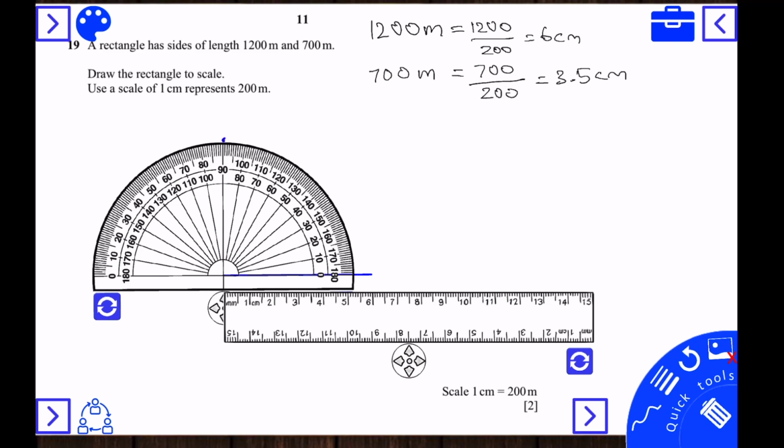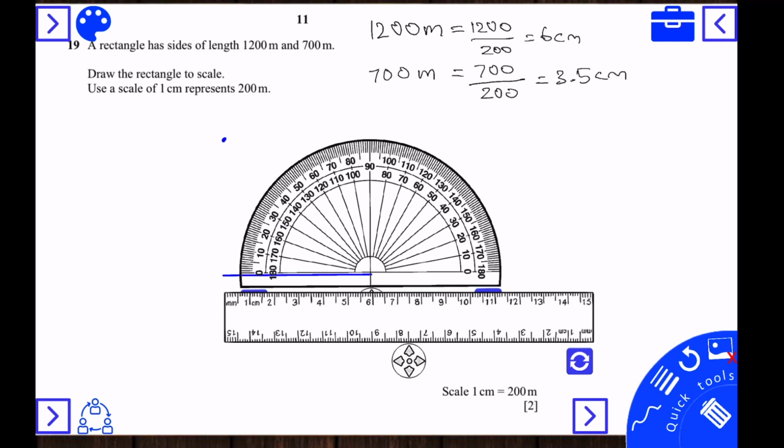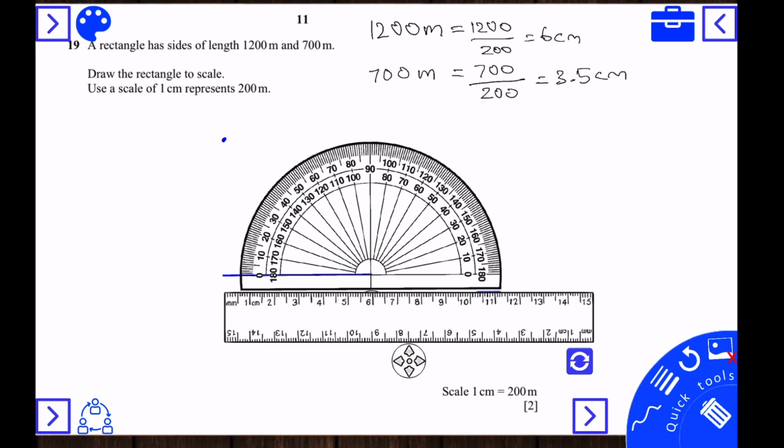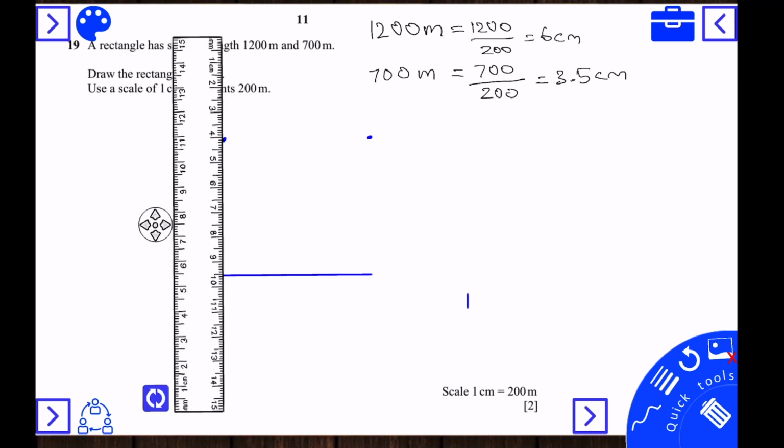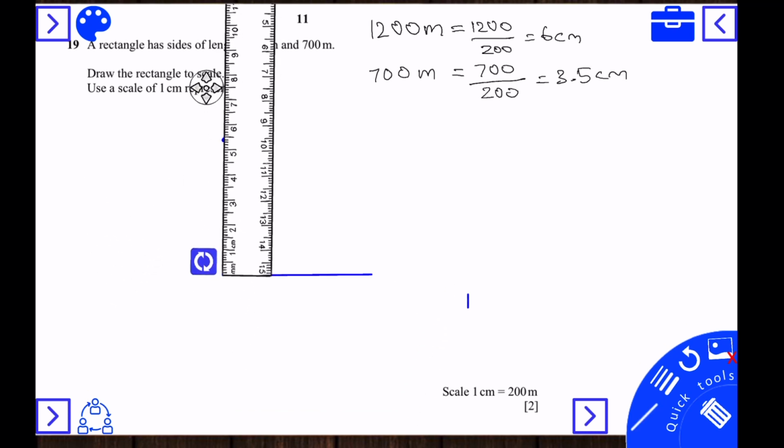So this is this one, and then on the other side, it'll be here. Let's turn the ruler and draw a line. So let's move this up. We don't really need to connect to the dot on the top. So we just need a 3.5 centimeter line, and that's what I'm going to draw here.